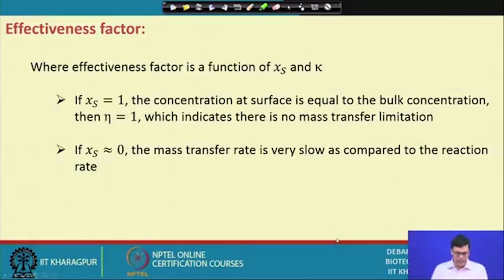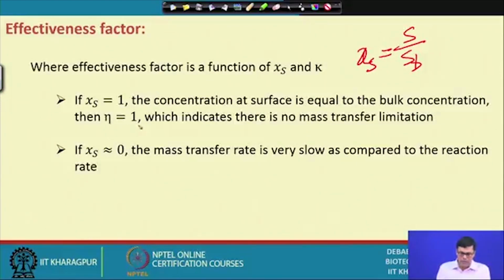Now, how do you explain that? If you look at Xs, what is Xs? Again, let me write it. Xs is equal to S by Sb. S is the substrate concentration at the surface of the solid matrix. Sb is the bulk substrate concentration. Now, if Xs equals 1, then the concentration at the surface is equal to the bulk substrate concentration.